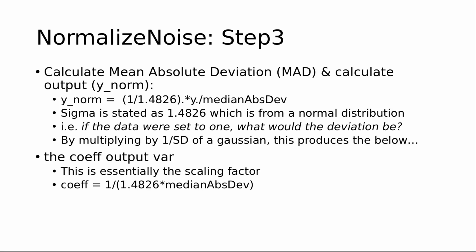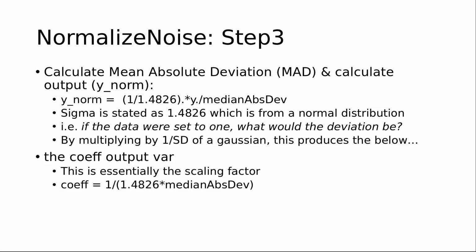The sigma, which is that 1.48, is derived from the normal distribution. The idea is that if you were to set all of your data to 1, what would the deviation be? And you should arrive at something like that. So again, it's kind of like a scale value or a normalization value.